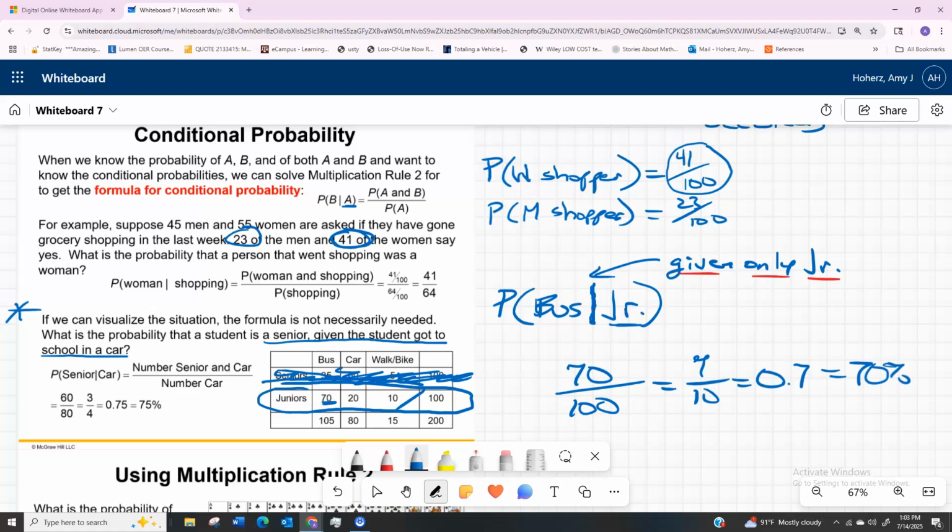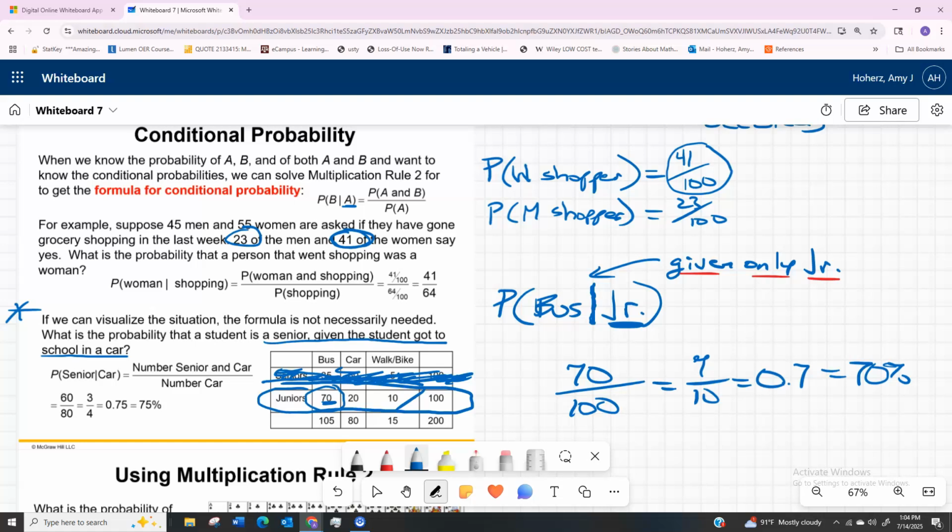So given that we're only looking at the juniors, there's a 70% chance that the junior that we draw out is going to be a bus rider. So we threw out this row because we didn't care about the seniors. We were only given the juniors. And then our total now becomes 100 because we've thrown out the 100 seniors and we're looking at 70.